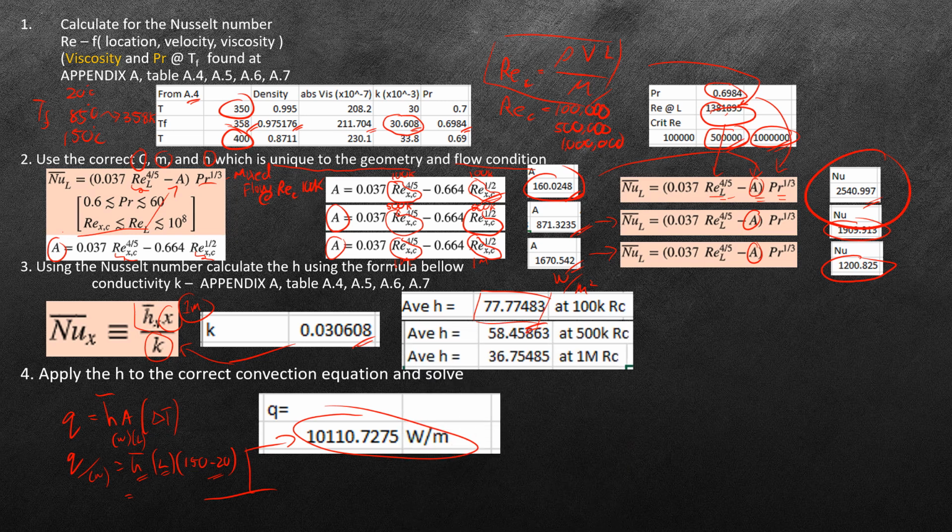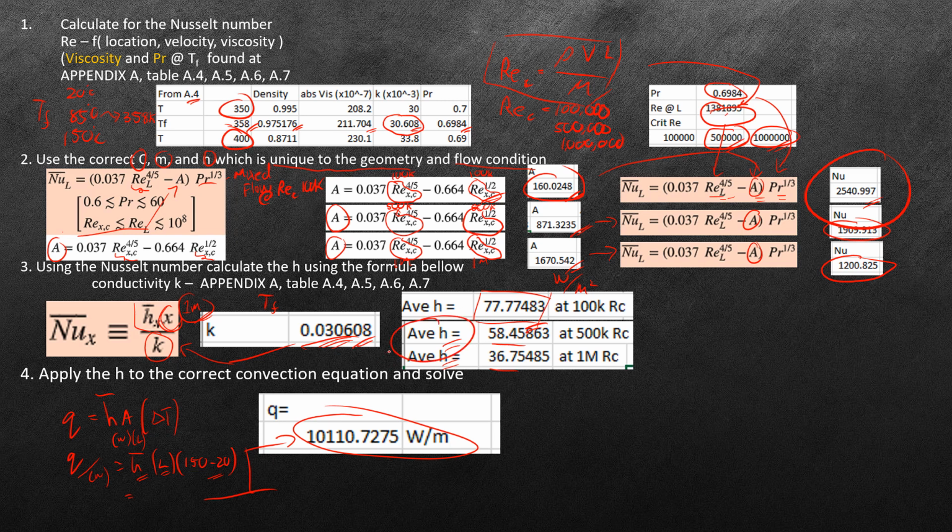So, same process, we use the same k, since k is not a function of the critical Reynolds number but only a function of the temperature of the fluid. We use the same characteristic length, 1 meter, and now we will be left with two different values for the average convection coefficient, one at 58.45 and one at 36.75.